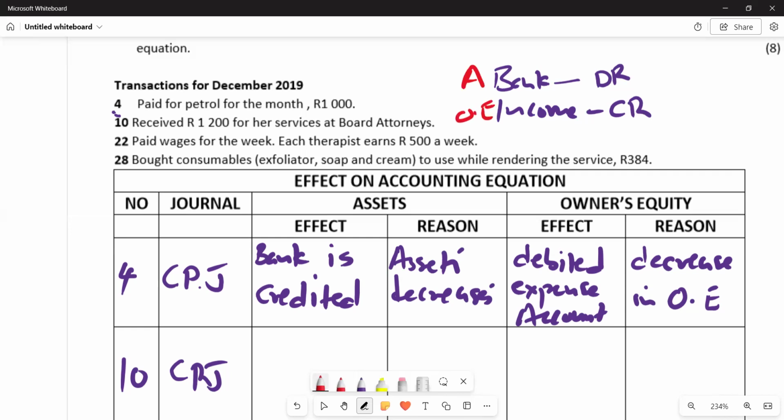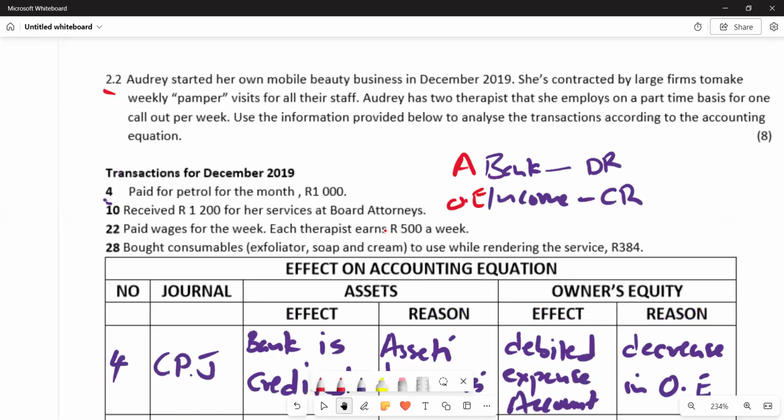Remember, I think that's another tip that we can take note of. When we have our asset account, when we debit, remember this is the debit side, it's a plus or an increase. When you credit, it's a minus or a decrease. So basically here we are debiting.